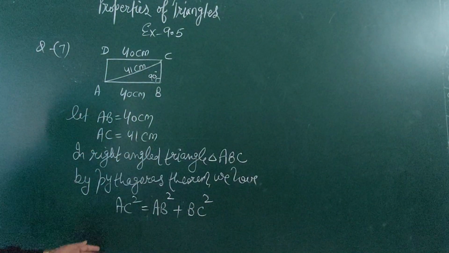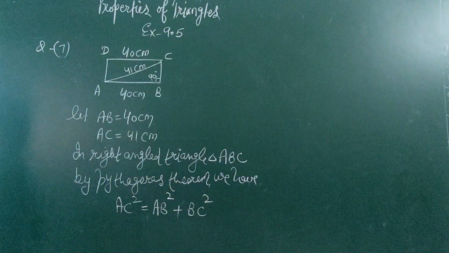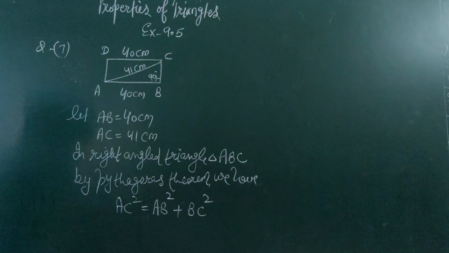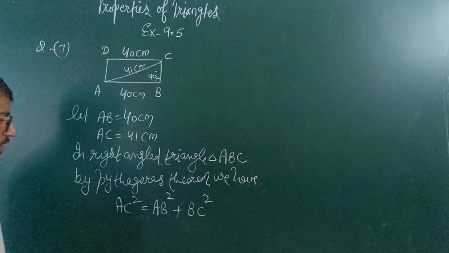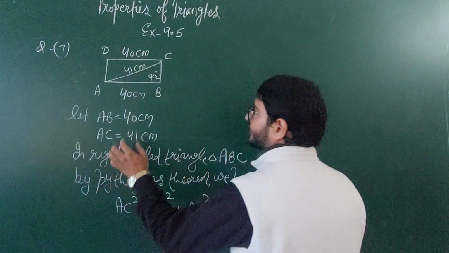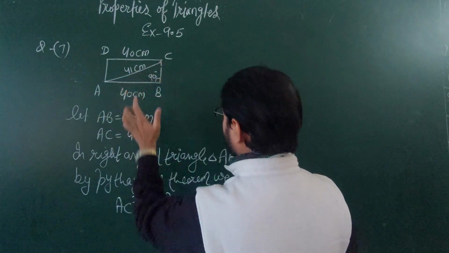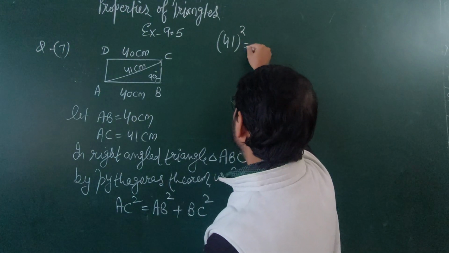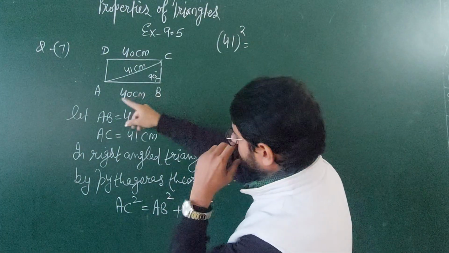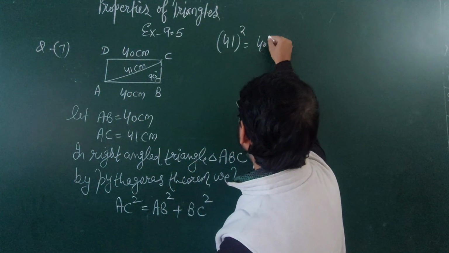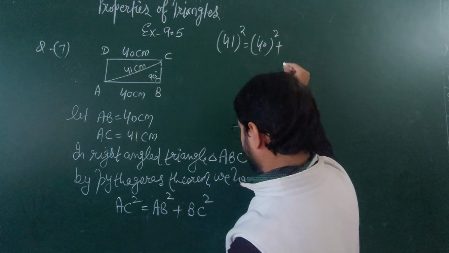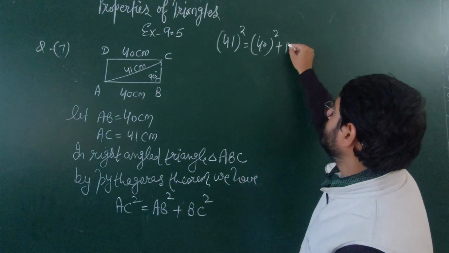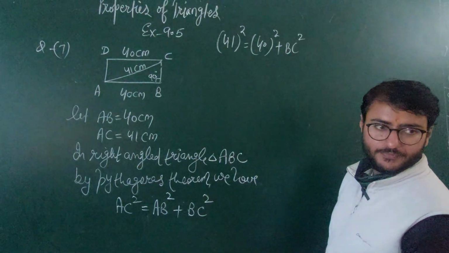So many questions of this type we have solved in this exercise earlier, right? Now replace the values of AC. AC is equal to 41. It will become 41 square is equal to AB, AB is equal to 40, plus BC square. We have to calculate.